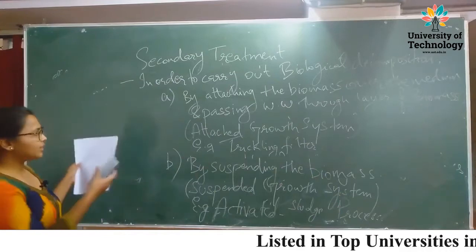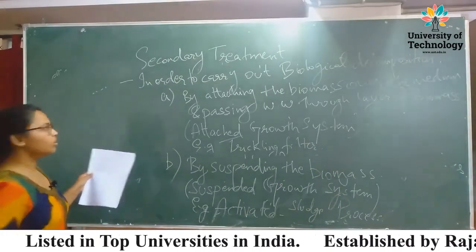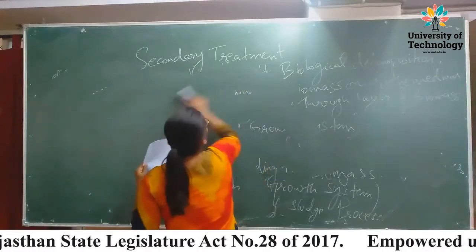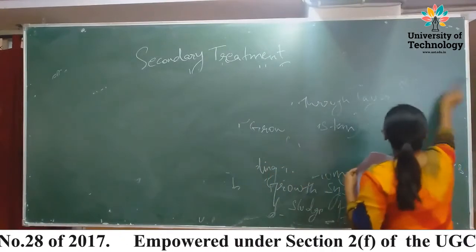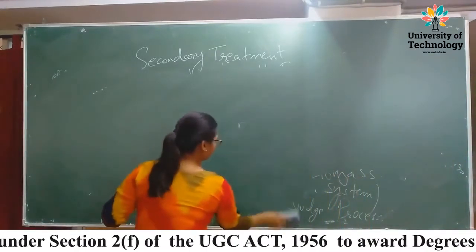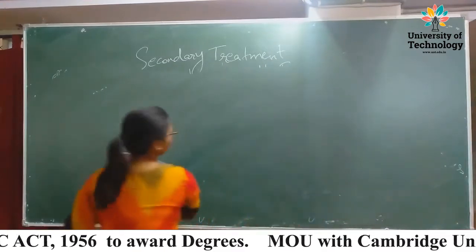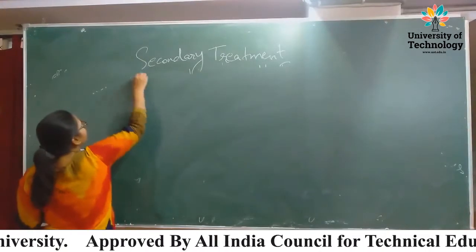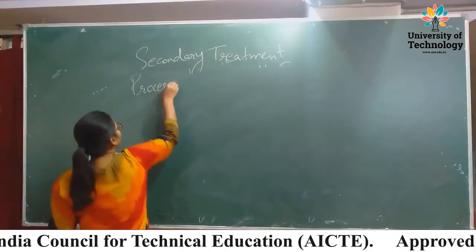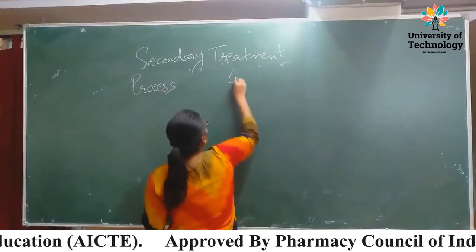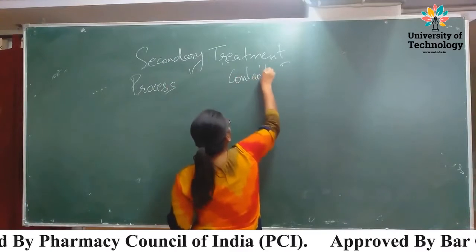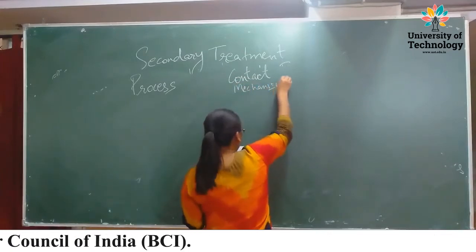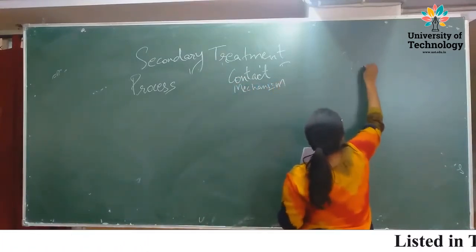Now we'll discuss more about these systems, and we'll categorize them as aerobic and anaerobic, and attached and suspended. Let's draw a table: process, contact mechanism, mode of decomposition.